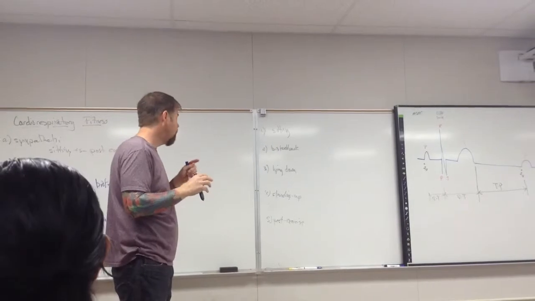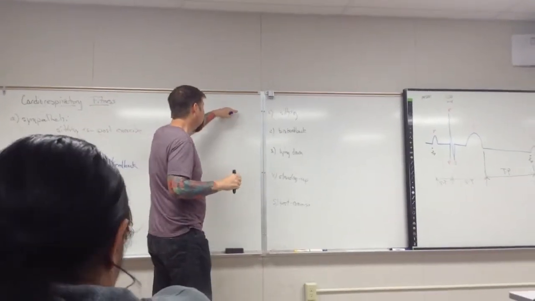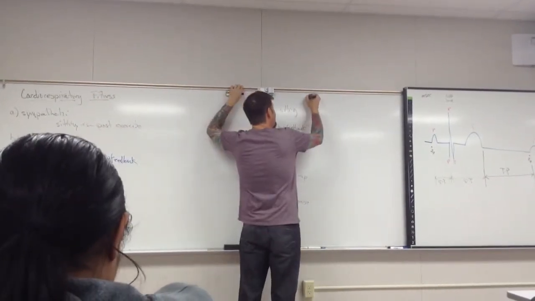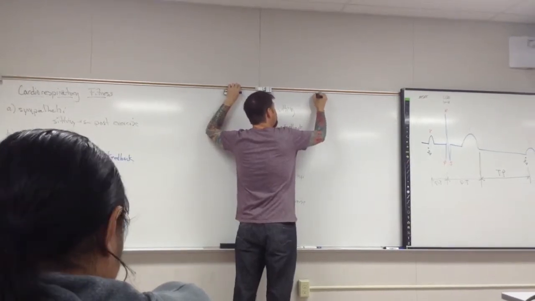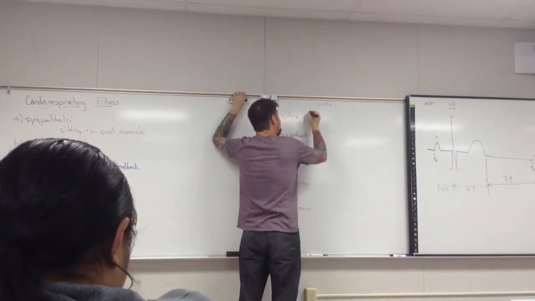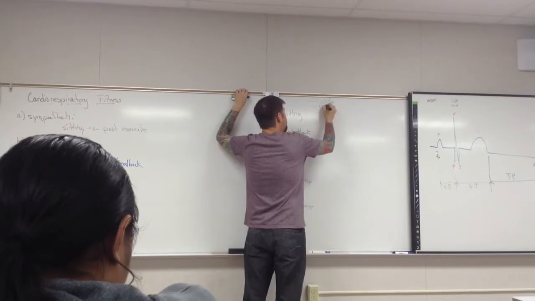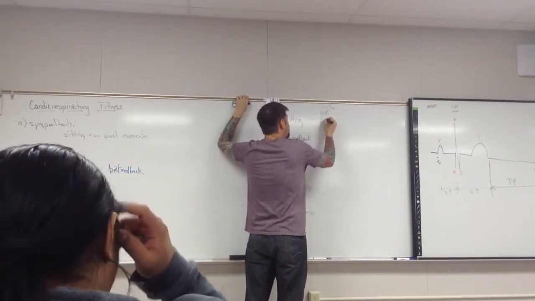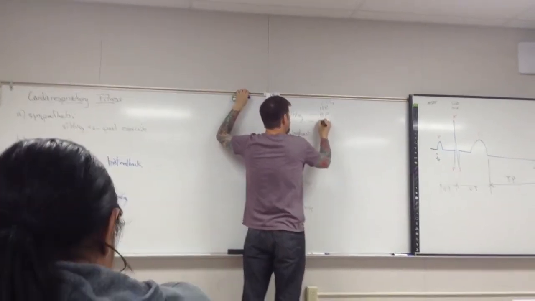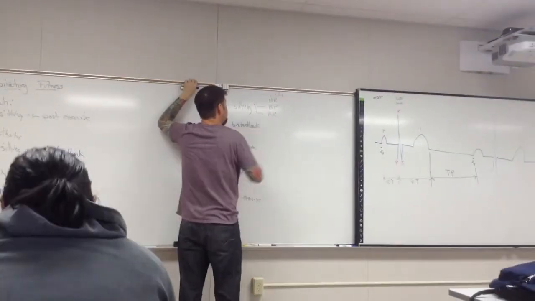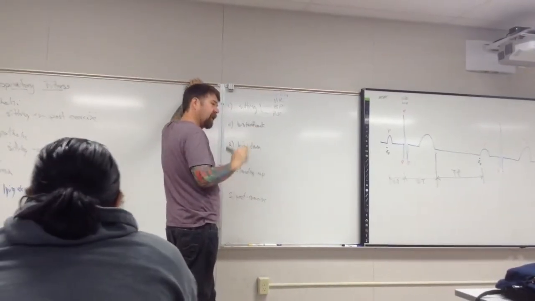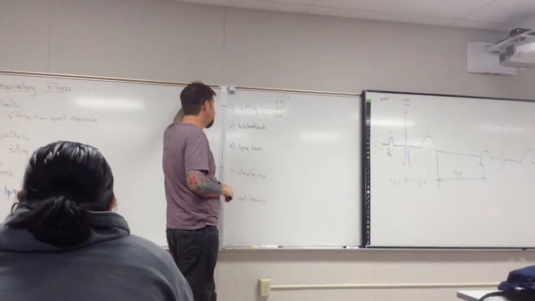While they're sitting down, you're going to do the EKG or ECG, a heart rate, a blood pressure, and a respiratory rate, okay, while they're sitting. Get all those values, write those numbers down.